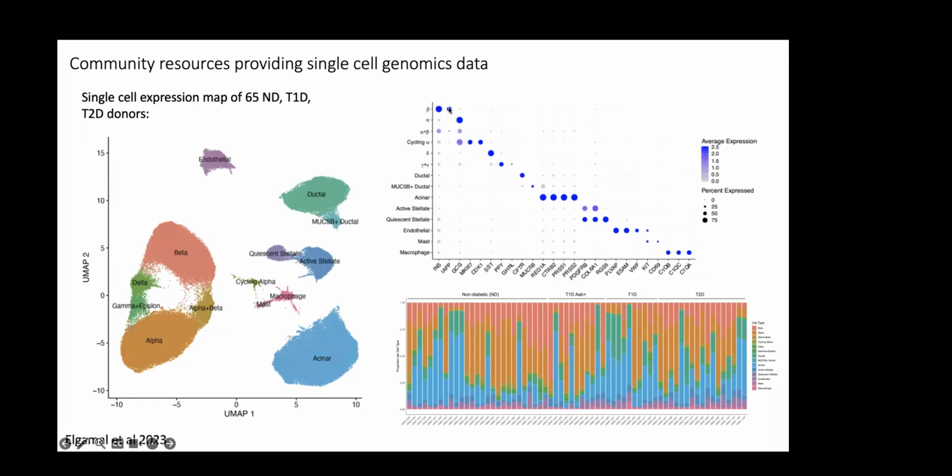Most often that's done by looking at the expression of genes that are known to demarcate certain cell types. For example, beta cells express insulin and other markers, so the cluster that highly expresses insulin we would annotate as beta cells. Glucagon is the hormone produced by alpha cells, so cells highly producing glucagon we annotate as alpha cells, and so forth.